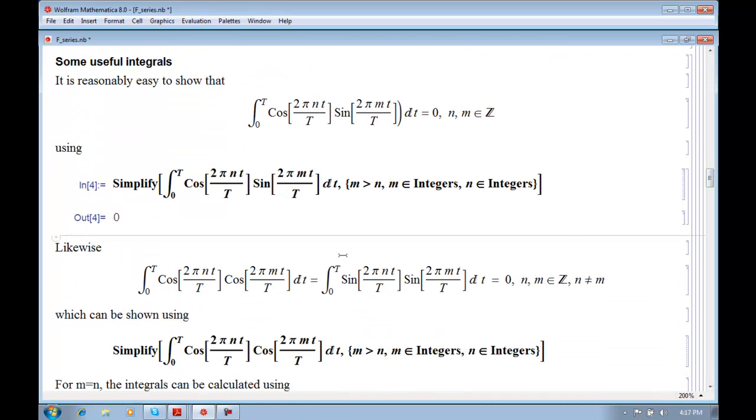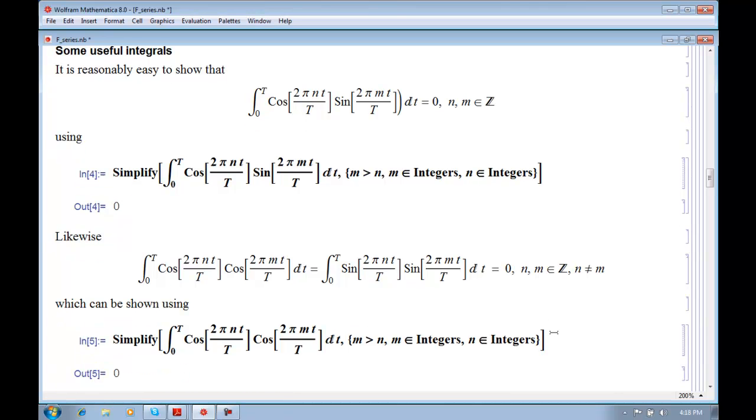And likewise, if we now take a product of a cosine and a cosine with a different n, say m, or the same thing with a sine, and if n is not equal to m, then that's also going to be 0. We can check that for the cosines using that.